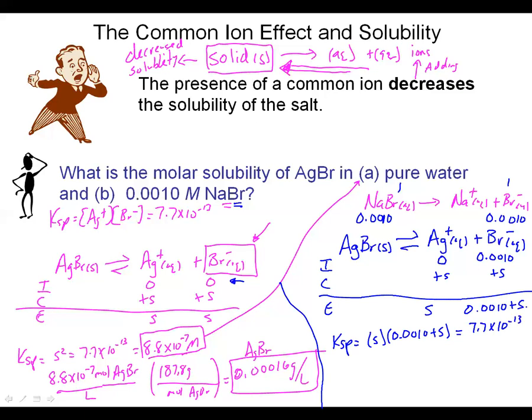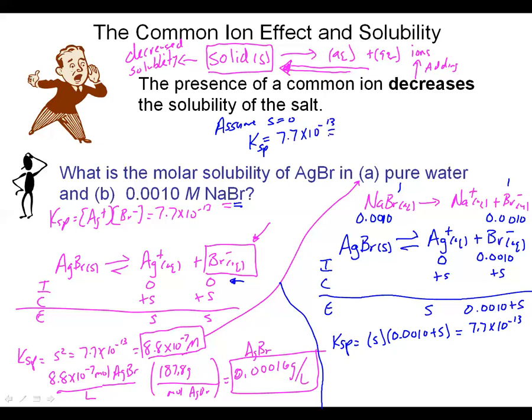Now, just like we've done previously, we sometimes want to make the calculation a little bit easier. And we can make an assumption here, just like we did previously. We can assume in this case that S is equal to 0. We can definitely do it in this case because when we look at our K value, which happens to be our KSP value, it is 7.7 times 10 to the minus 13.